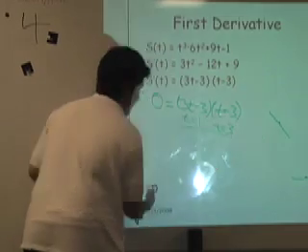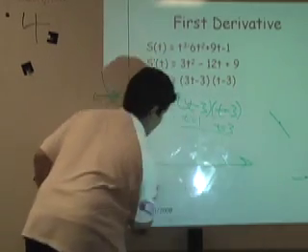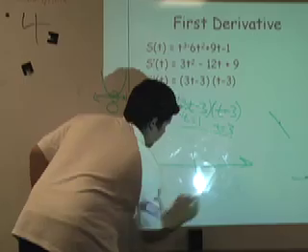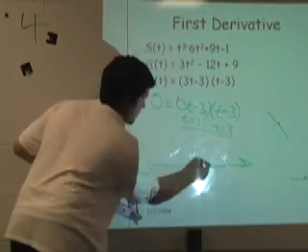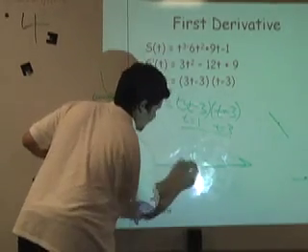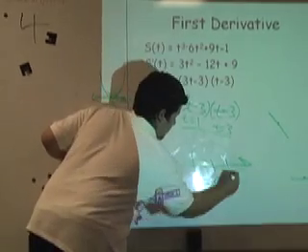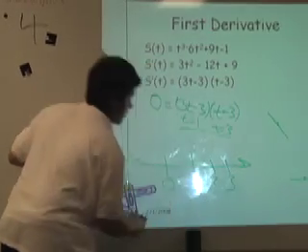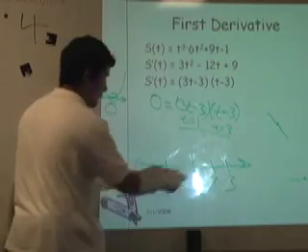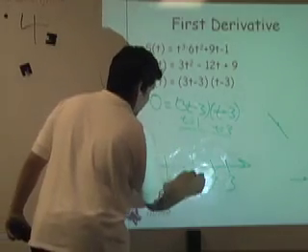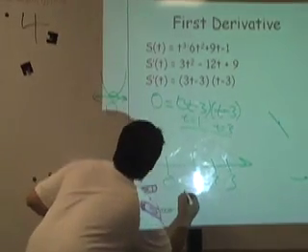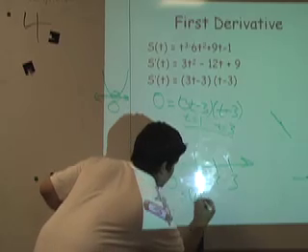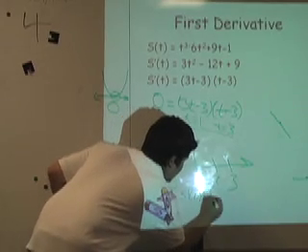If it helps, I'll draw the wiggle graph. At 1 and 3, these are the critical points where it's 0.